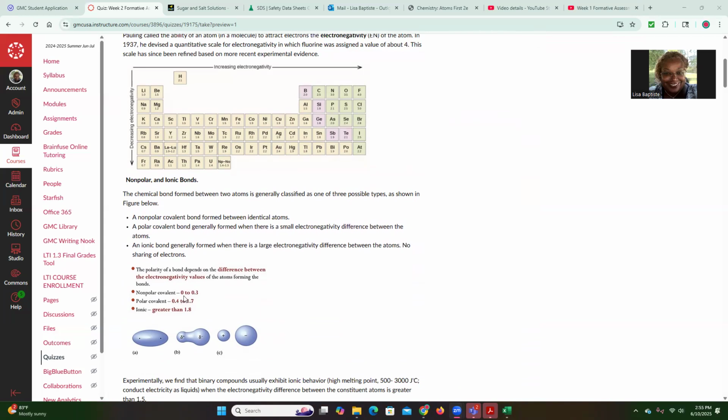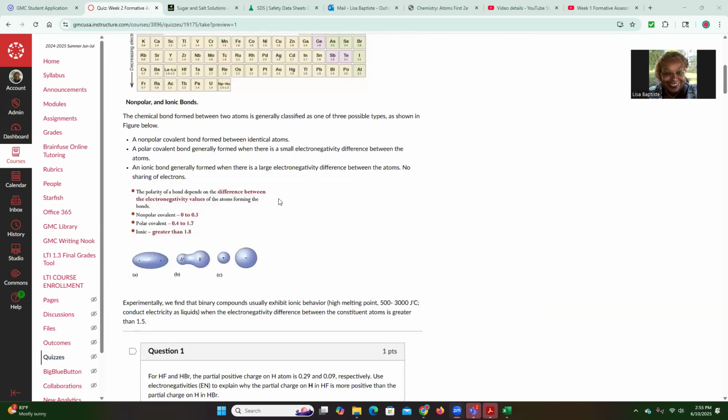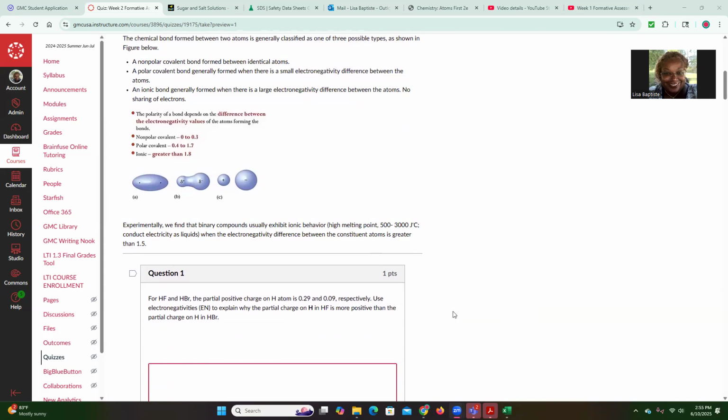If the difference is 0 to 0.3, then it's nonpolar. 0.4 to 1.7 is polar, and greater than 1.8 is ionic. When you're taking the difference, you always want to take the larger number minus the smaller number because you don't want a negative electronegativity difference.